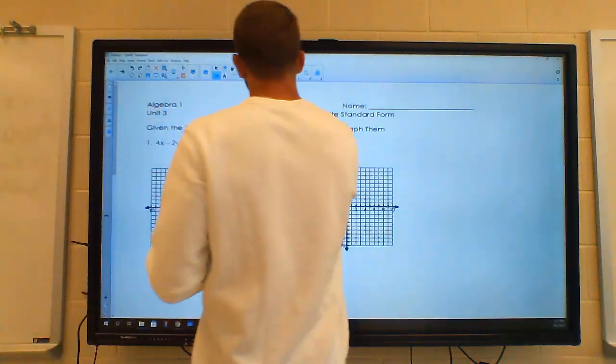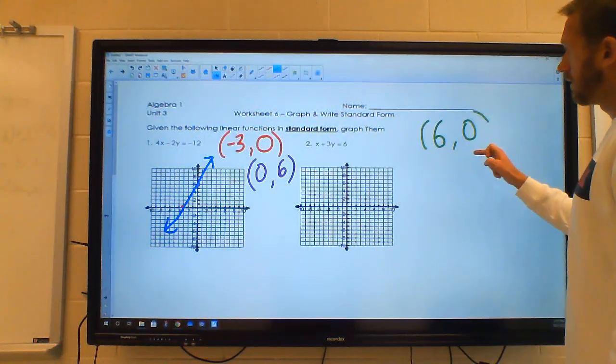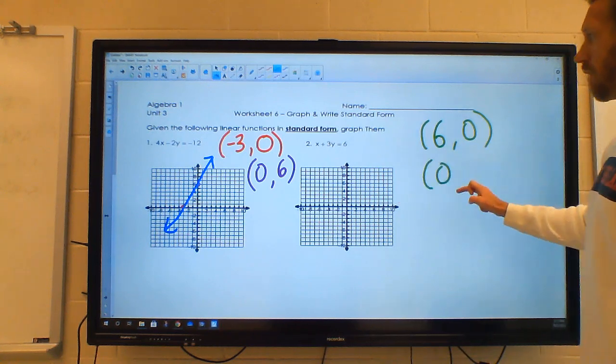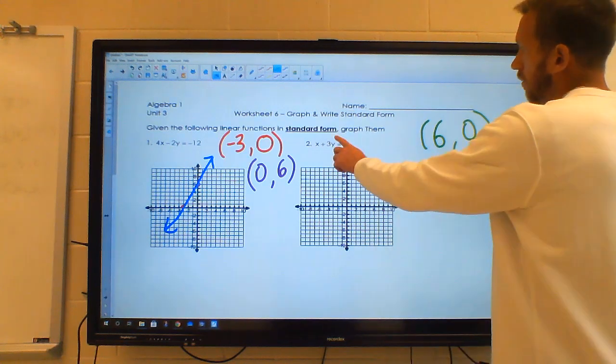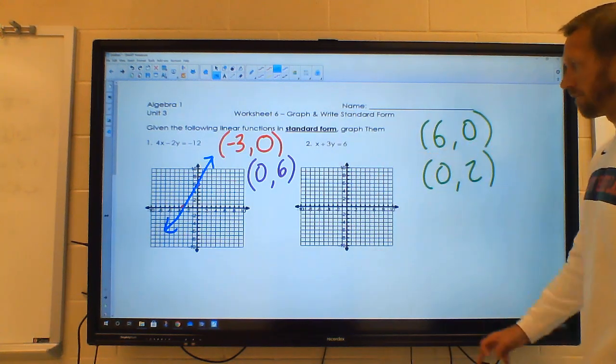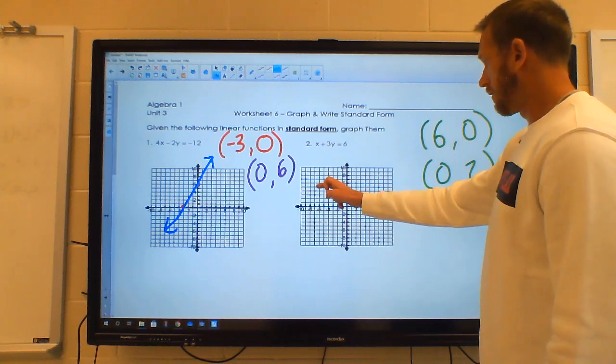Okay, so question 2, we have the intercepts 6 comma 0 and 0 comma 2. Because if you plug 0 in for one variable, solve for the other, or plug 0 in for this variable, solve for the other. So 0 comma 2 is plotted right there. 6 comma 0 is right there.